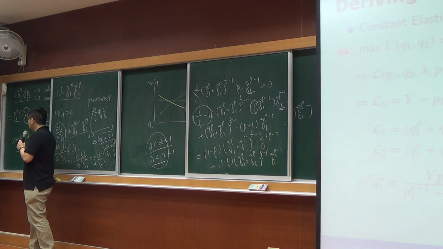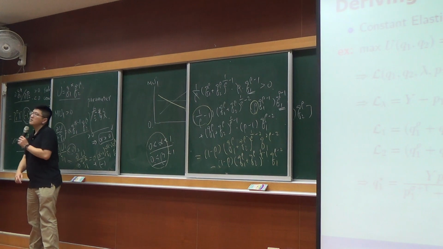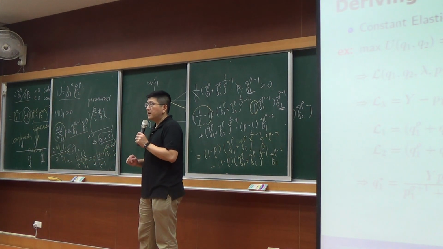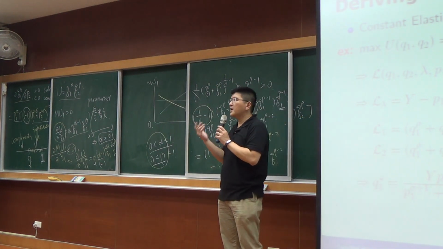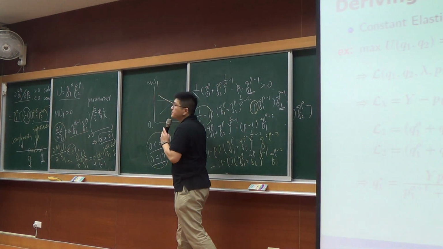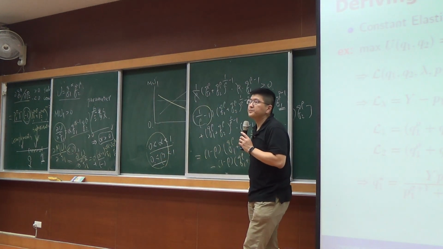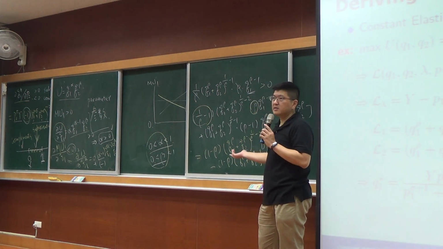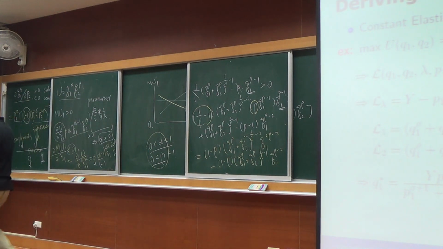If rho is less than 0, a negative, then they are complements. Okay? And also, the marginal utility here must be positive and diminishing. Automatically holds. So we have already checked this. Okay? Any question here?